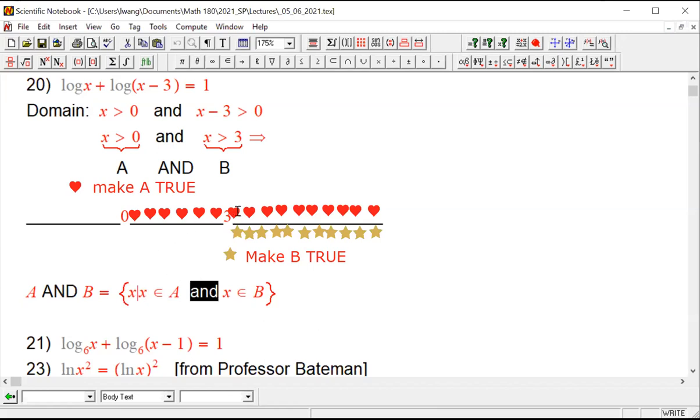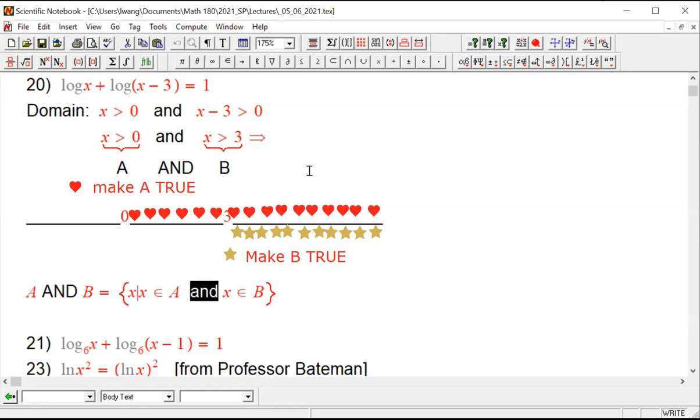So these hearts and the star are overlapping. They are from the same place, but these are not. These axes will only make the A statement true. It does not make the B statement true. So when B is false, A and B is false. Got it?